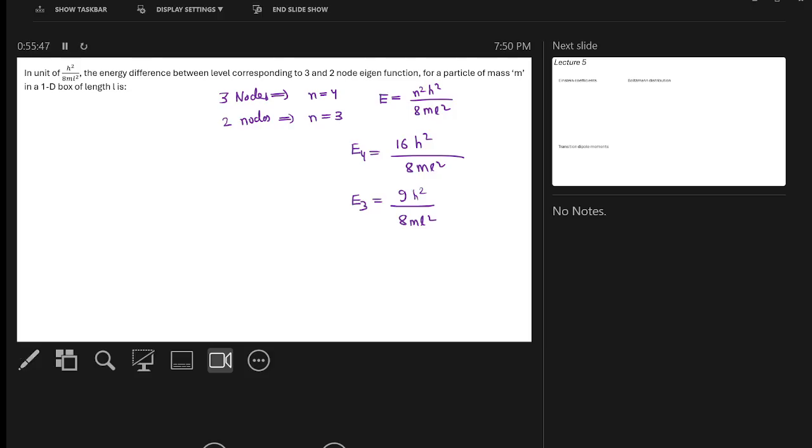Now asking energy difference, meaning E4 minus E3. So 16 minus 9, then I will take this common, it will be 7 in the unit of h square by 8 m l square. So the answer will be 7 in this unit. Okay.